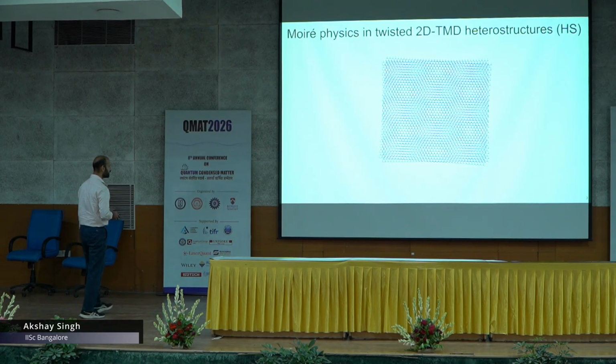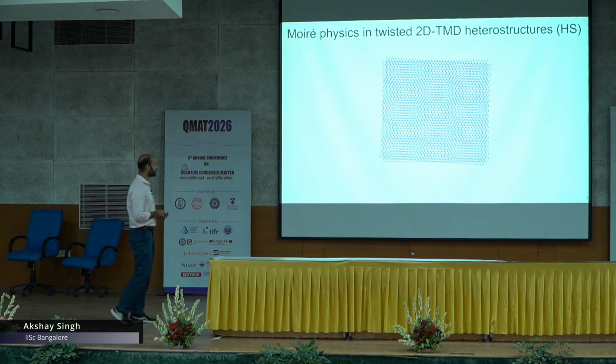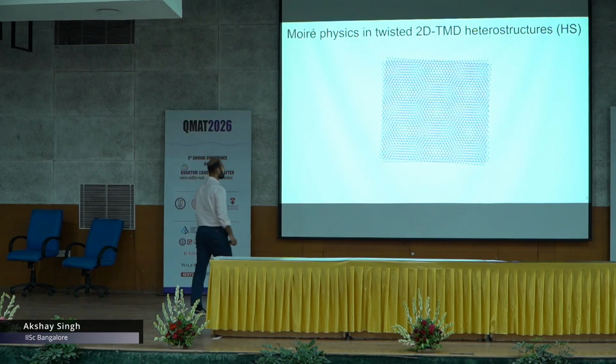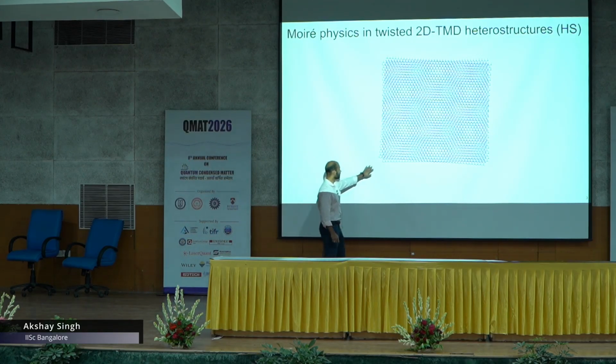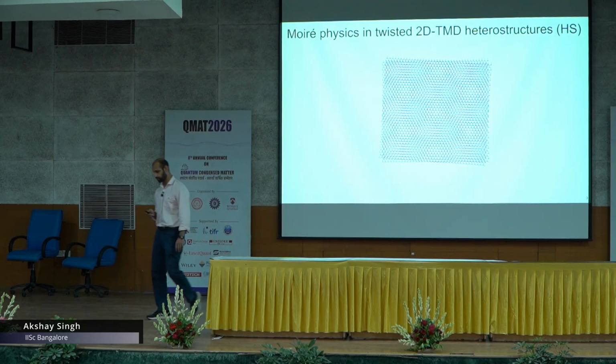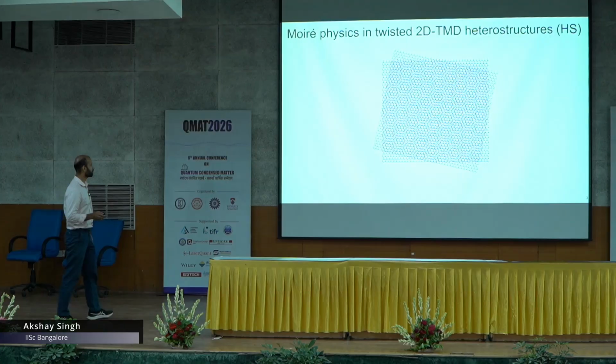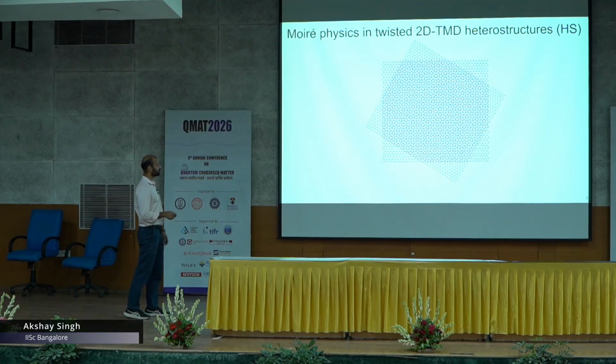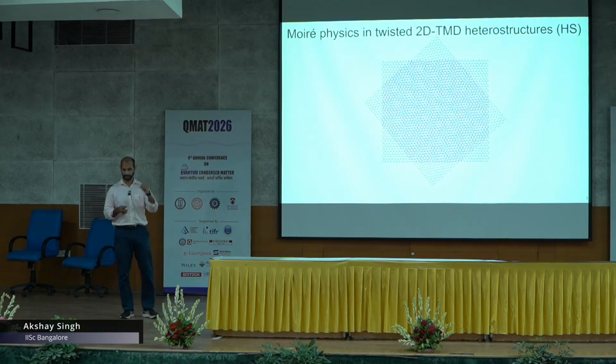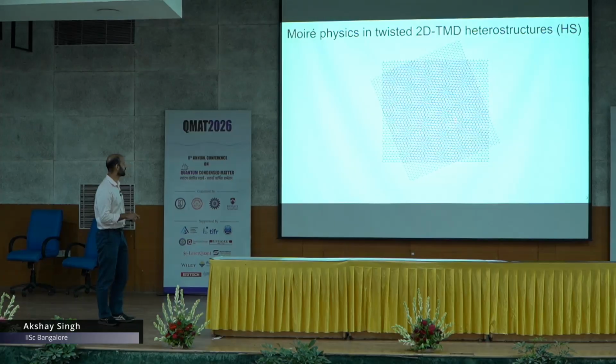Already you might be feeling bored seeing this sort of structure, but bear with me a moment. Here you see these blue and red lattices, and I'm just going to twist them on top of each other. As a function of twist angle, at larger twist angles you get a smaller Moire pattern, and at smaller twist angles you start getting larger Moire patterns.